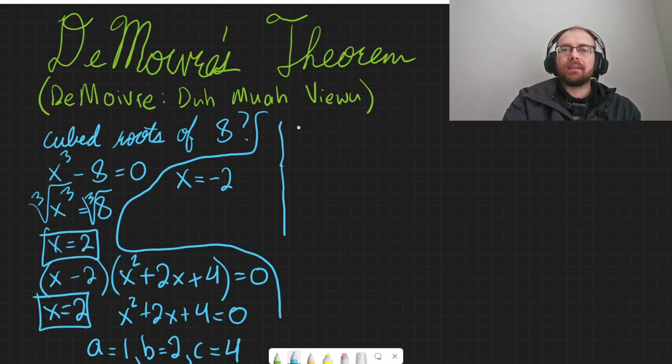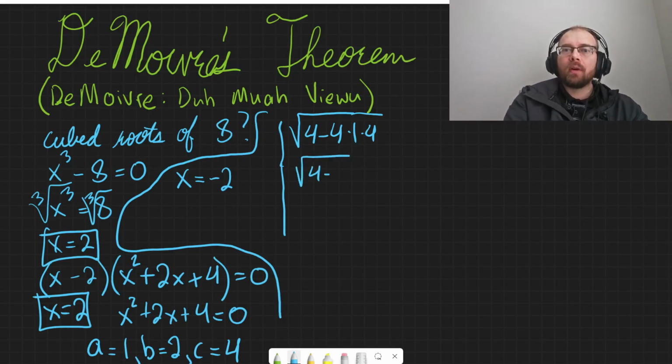And so that's going to be the square root of b squared, so 2 squared, minus 4 times a times c. So that's going to be 4 times 1 times 4 is 16. 4 minus 16 is the opposite of 16 minus 4. 16 minus 4 is 12, so that's going to be -12. -12 is, let's see, what do I want to put first? I want to put the 4, and a -1, and a 3.